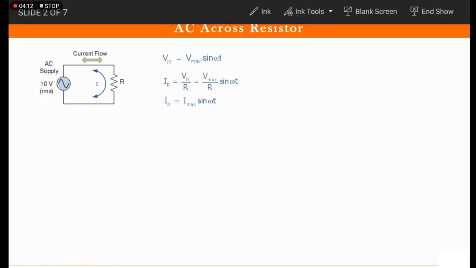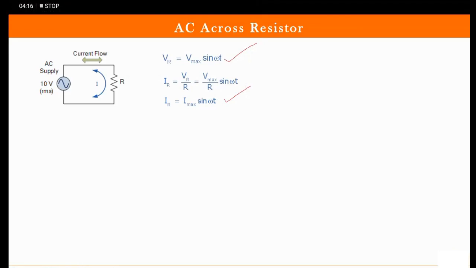Now just compare these two signals, okay, VR and IR. Now VR and IR is okay, that is voltage and it is current, fine. V max, I max, yes, it is the maximum voltage, maximum current, so we find the similarity. Plus we have in VR we have sine omega t, and here also we have sine omega t.